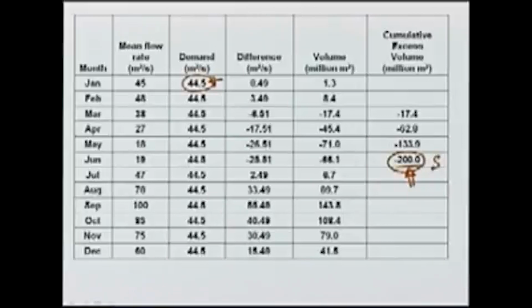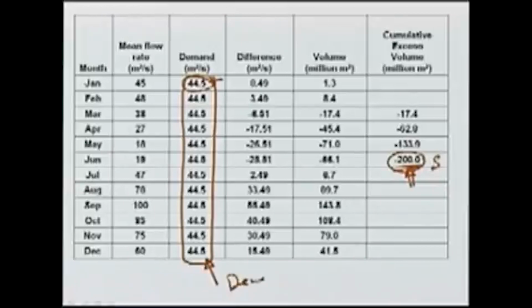This value will be different from 200, and then we ask the computer what should be this value to make this 200, and in this case it turns out that this value is 44.5. So, this is the demand which can be satisfied for 200 million cubic meter of storage.